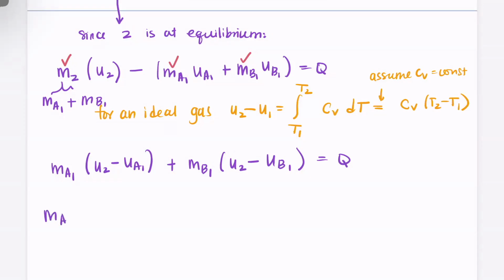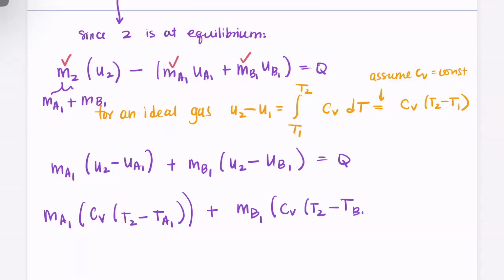So I have mass A1, and then I have CV times the quantity T2 minus TA1 plus MB1 times CV times T2 minus TB1 is equal to Q. Is everybody with me so far?